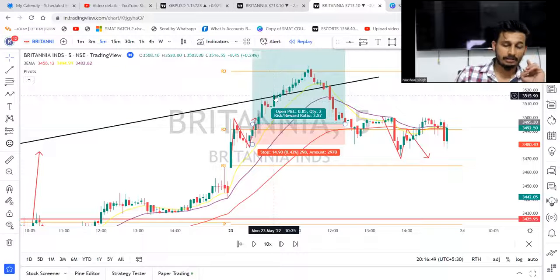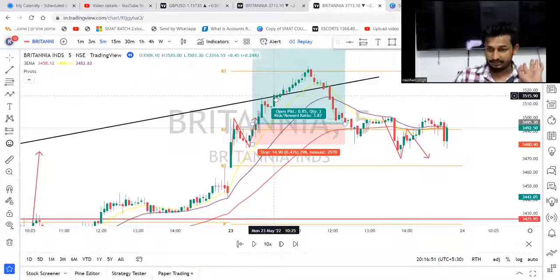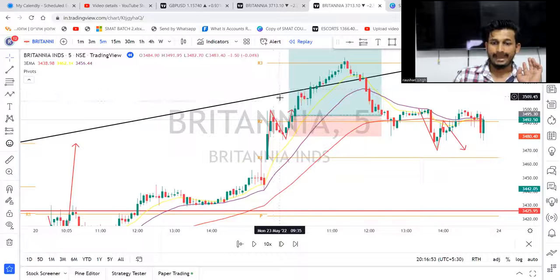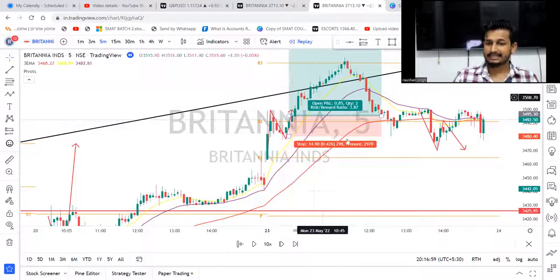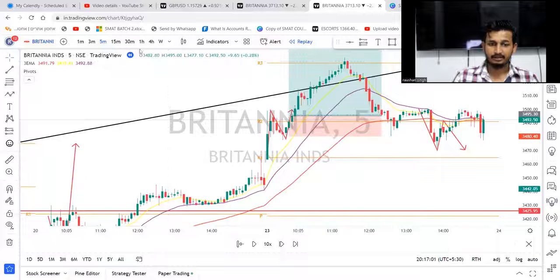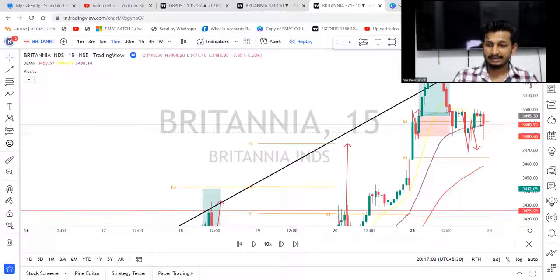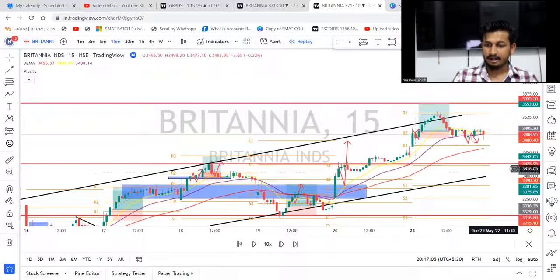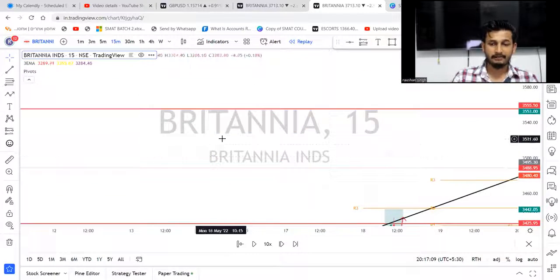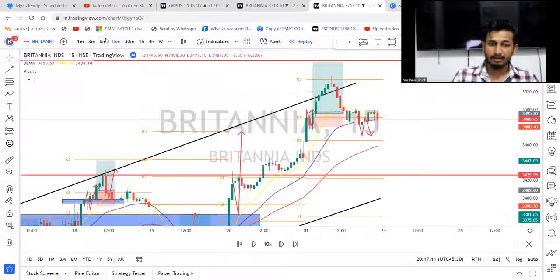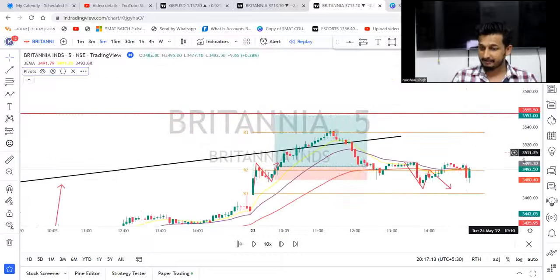A good question came up: why did I ignore this trend line? What was the reason? It could have taken exact support and come downside, right? The reason is very simple: I have not ignored it. I was seeing that the probability would be high because prior to that, the market had a reversal.